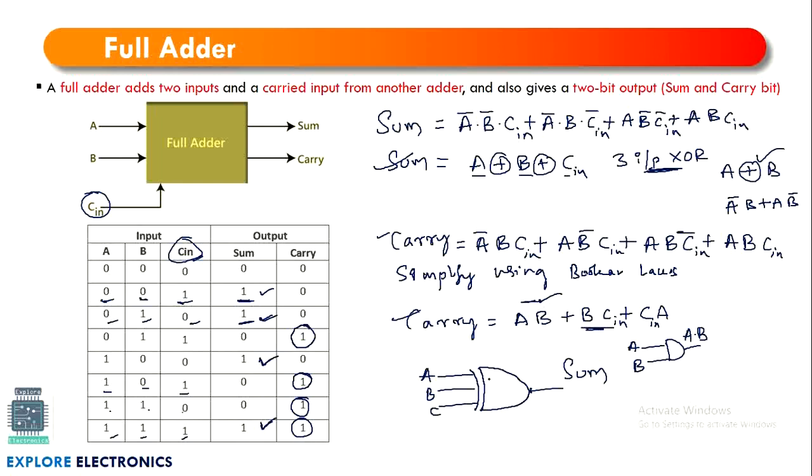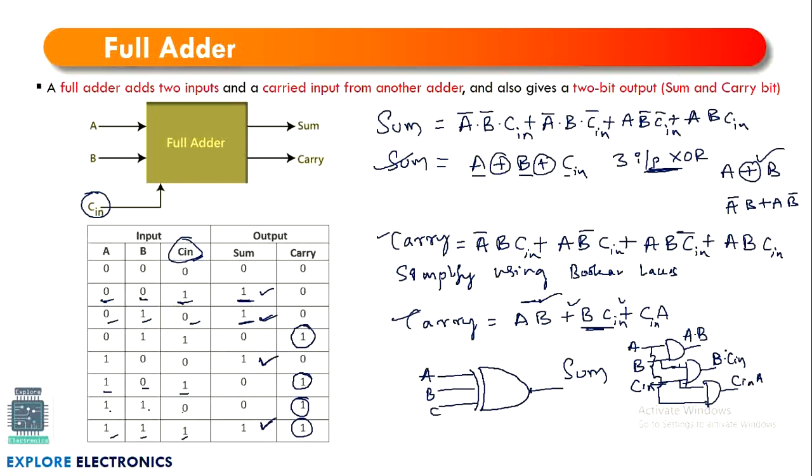Then we need to choose this B dot C in, take this B and take C in, put one more AND gate, it gives B dot C in, and then we will be having plus C in into A. Take this C in as it is and take this A from here. So this gives C in into A.